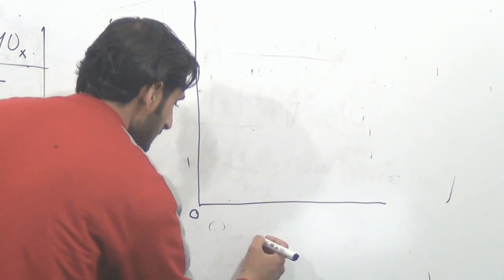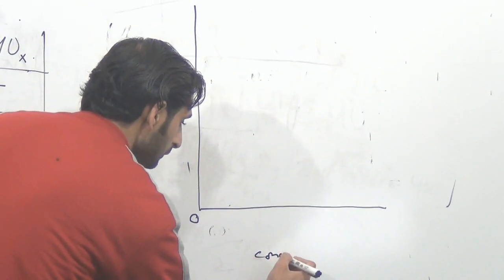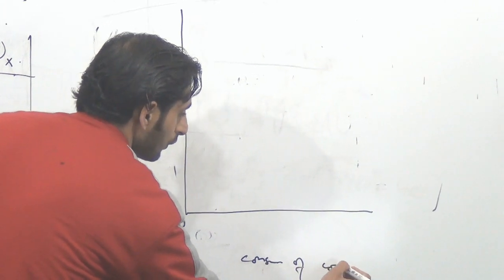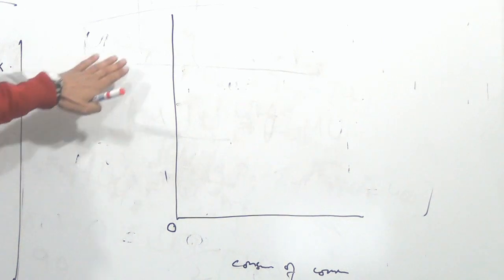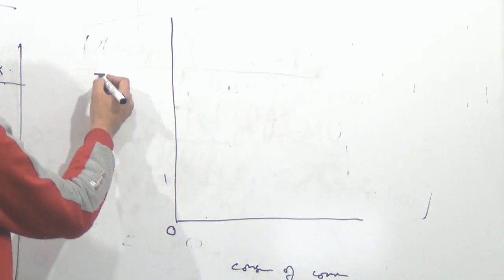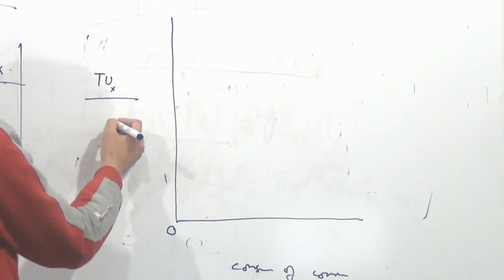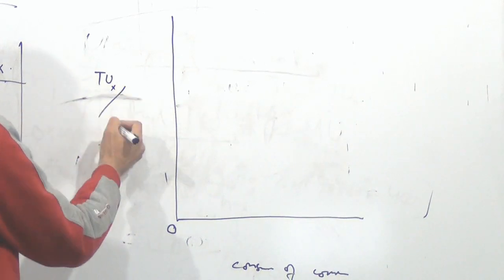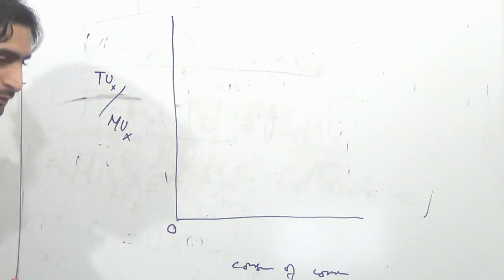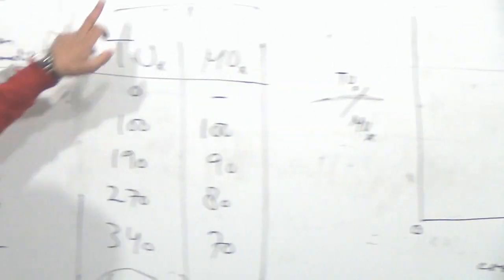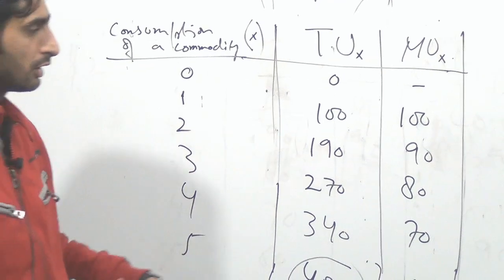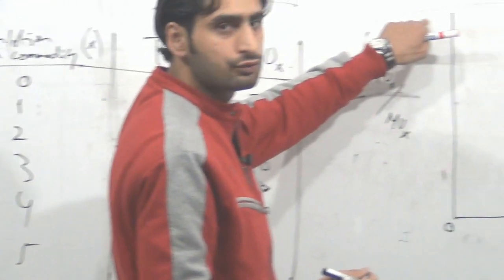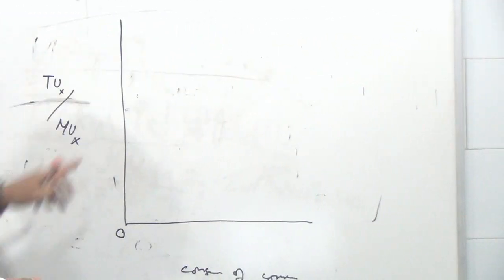On the x-axis, I'll take consumption of commodity X, and on the y-axis, I will be establishing the total utility of X and the marginal utility of X. The highest numeric in total utility is 400, so I'll have to take at least 400 here.